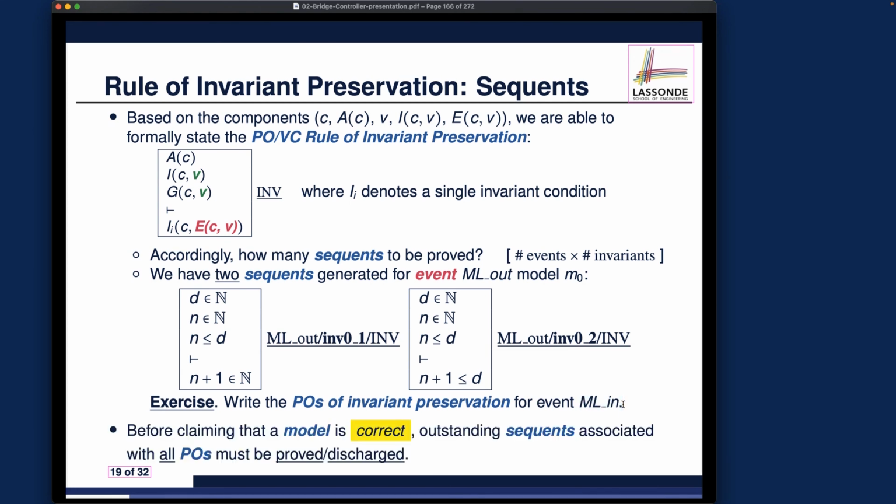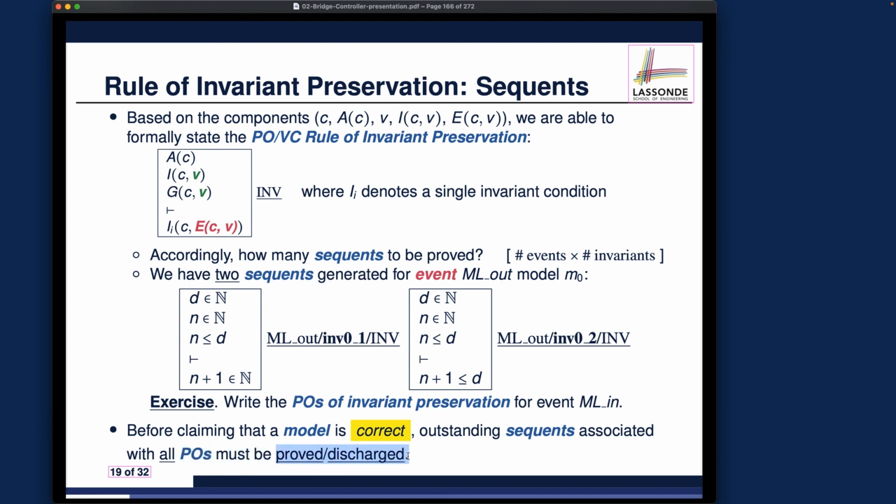All right, so the conclusion for this part is what's really so useful about systematically generating the proof obligations for different events and for different invariant conditions: before you can ever claim that your model is correct, all the outstanding sequents associated with all the proof obligations must be proved or discharged. We haven't talked about exactly how to prove that.